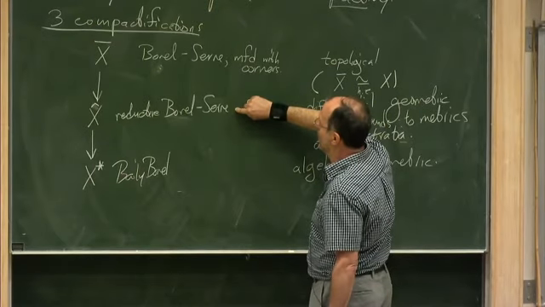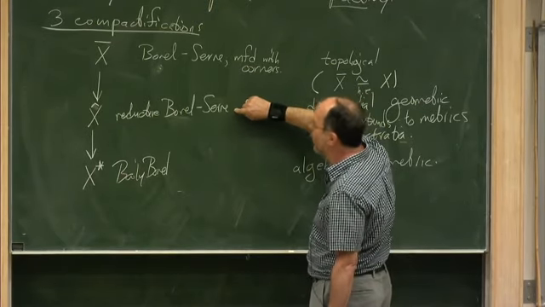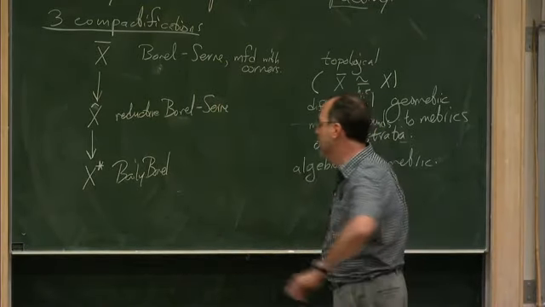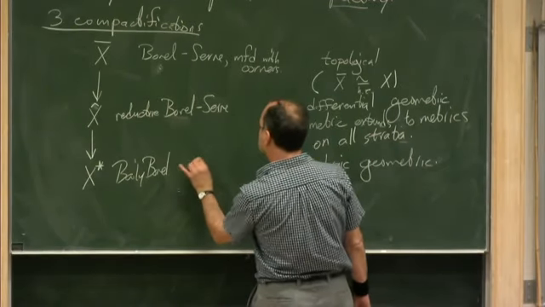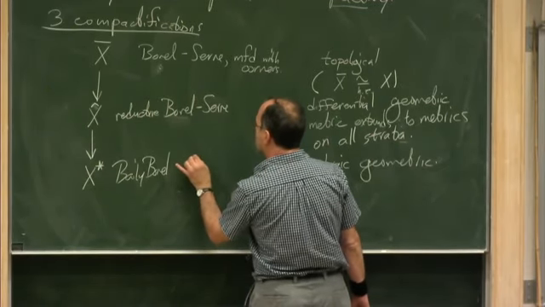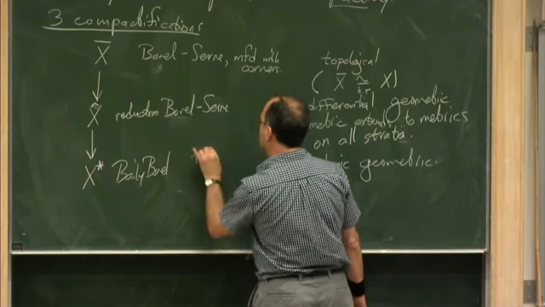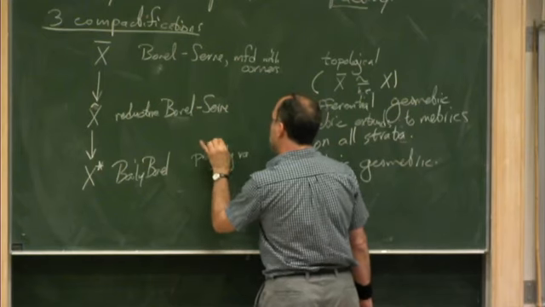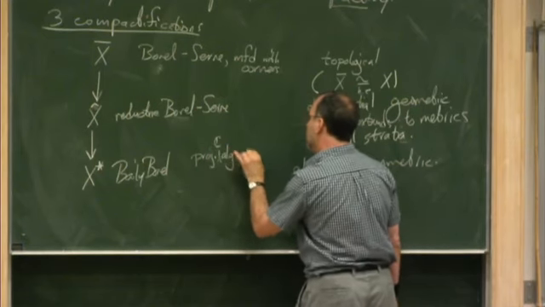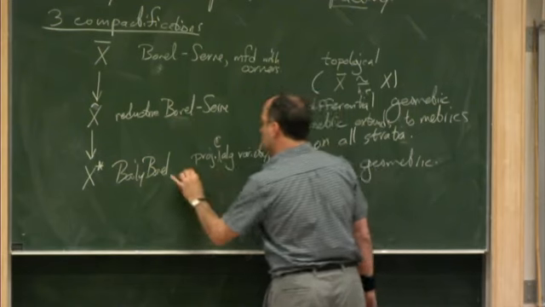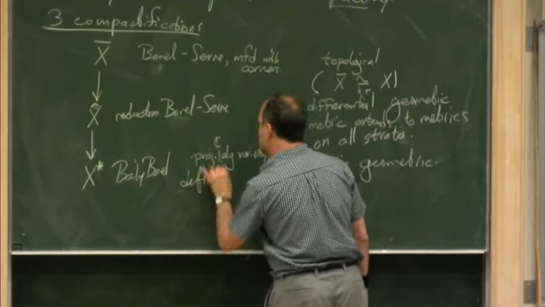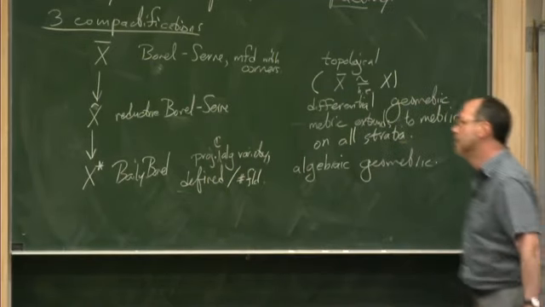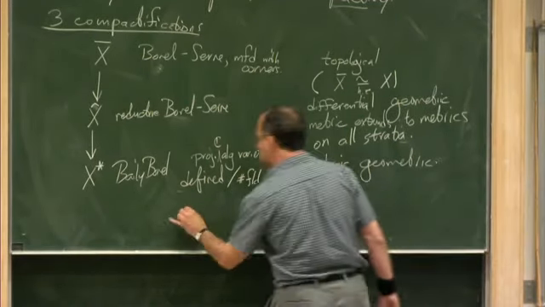Here, the corners are sort of crumpled down. It's a real analytic space. This is an algebraic variety, a complex analytic space. So it's in fact a projective algebraic variety, complex algebraic variety. But it's actually defined over a number field. But it's singular.